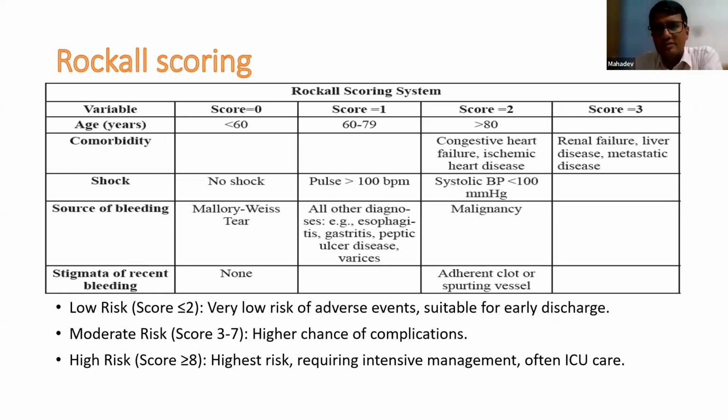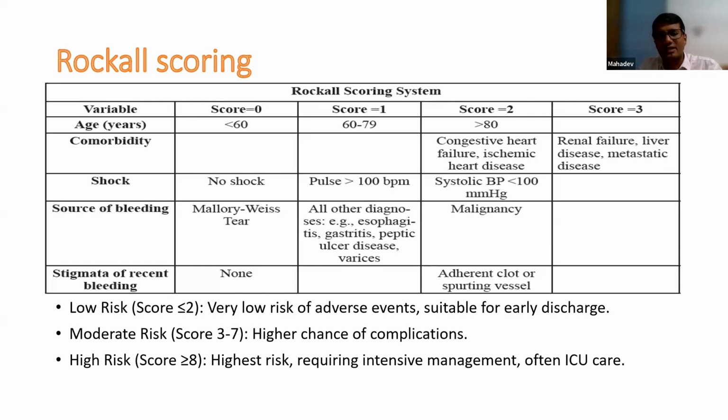Another scoring that is very important is the Rockall scoring. These are all the triage scorings employed to know which patients need to be admitted or which patients can be treated as outpatients. They say the previous scoring is better than Rockall scoring, but for completeness' sake, we need to know it. It depends on variables like age, comorbidities, whether the patient has presented with shock, the source of bleeding even after endoscopy, and signs of recent bleeding.